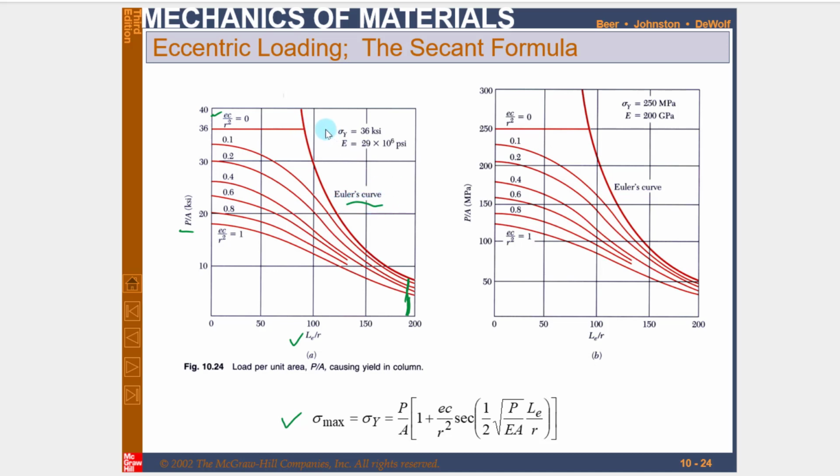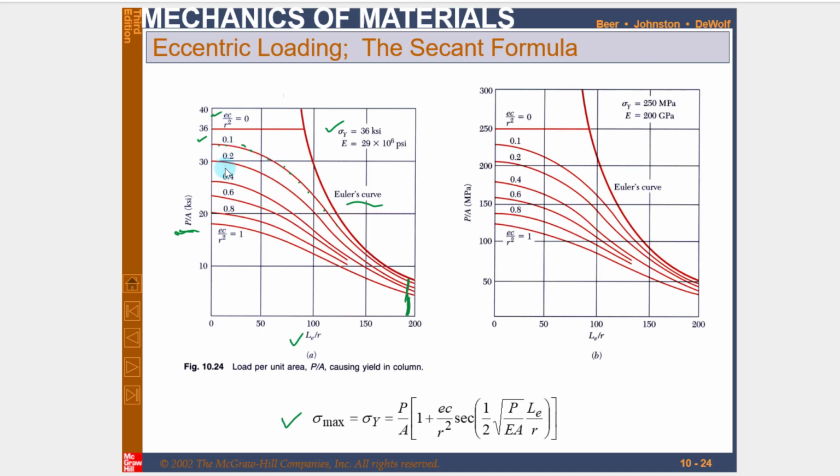So here the yield strength will be your strength, critical stress or strength should not exceed the critical yield stress. So here the yield stress will be taken as the criteria for the failure due to compression in yielding. Now if you have the value of EC over R square equal to 0.1 and you plot different value of LE over R, so you will get different P by A ratio that can be shown in this graph.